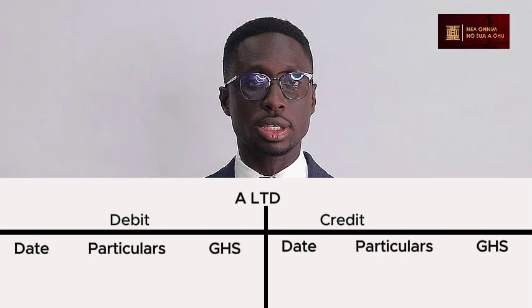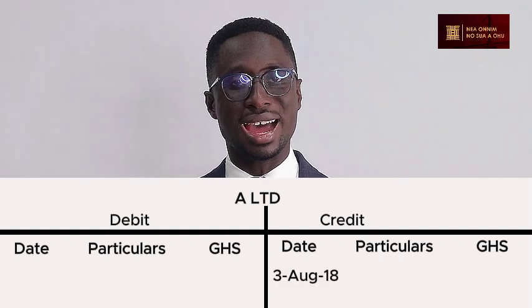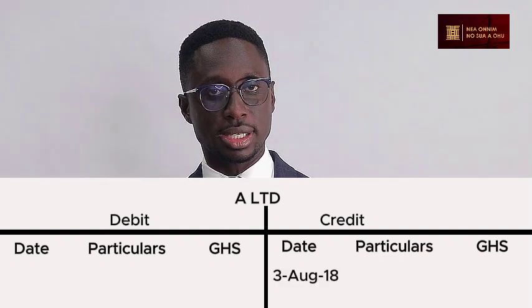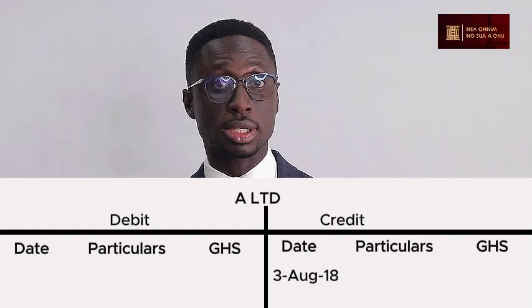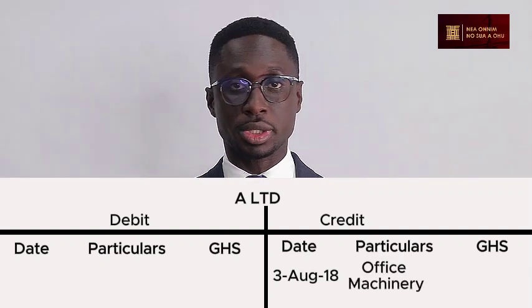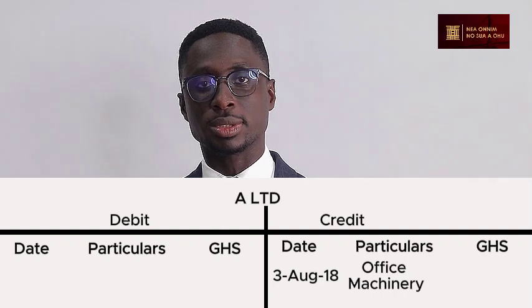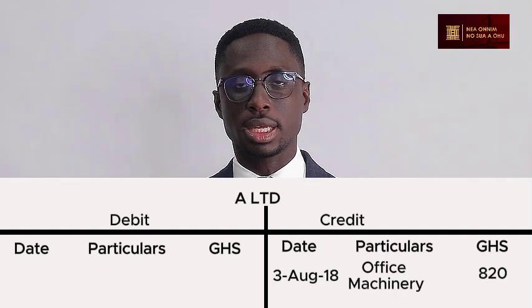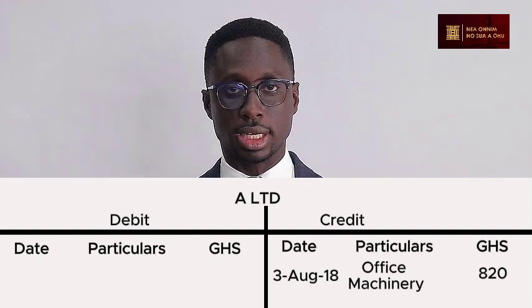So the date is what? August 3, 2018, and the particulars will be what? The office machinery. Office machinery. And then the amount 820. Third transaction done. I hope this was clear.